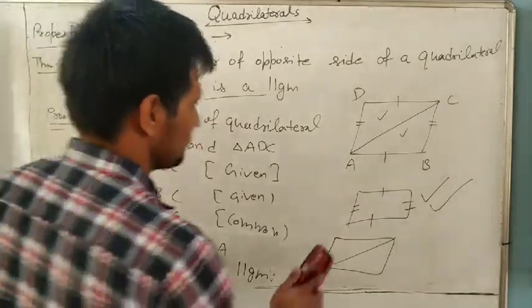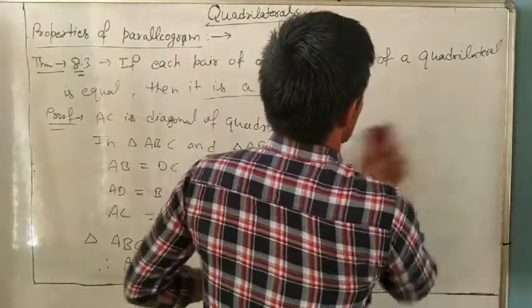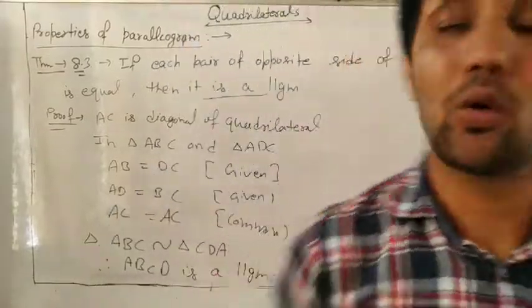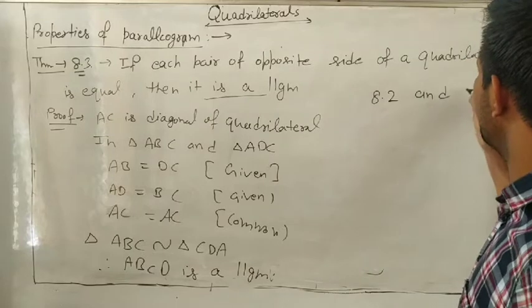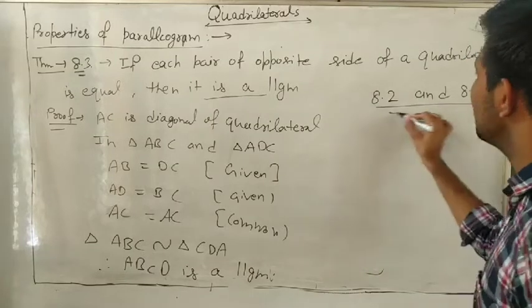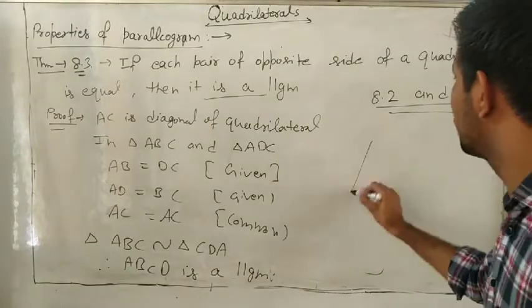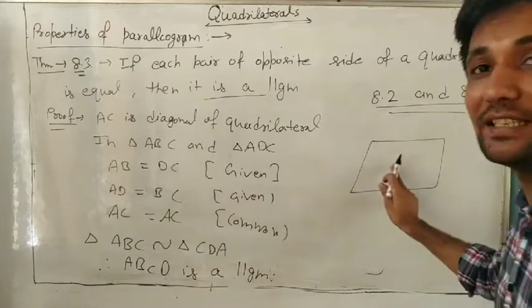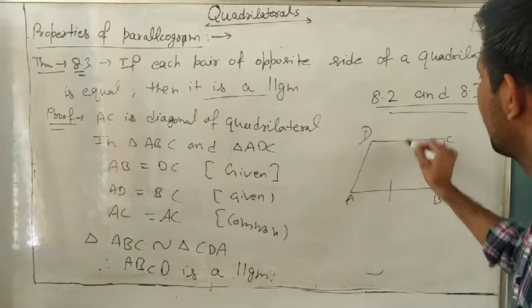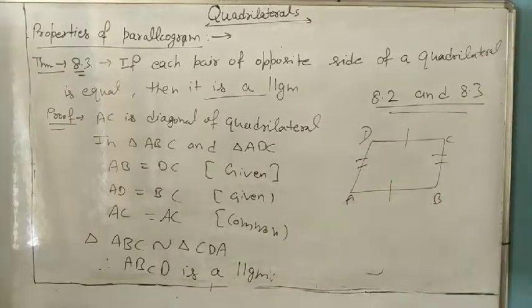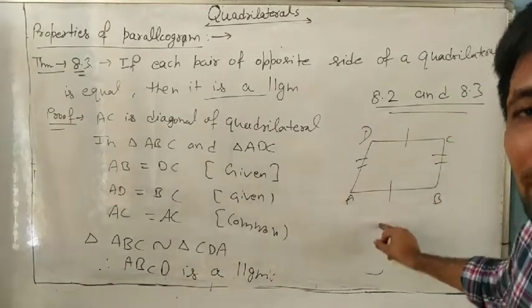Okay. So always remember, from the 8.2 and 8.3 theorems what we discussed. In the 8.2 theorem, what is it? If ABCD is a parallelogram, then opposite sides are always equal.